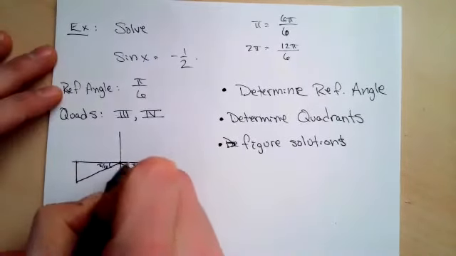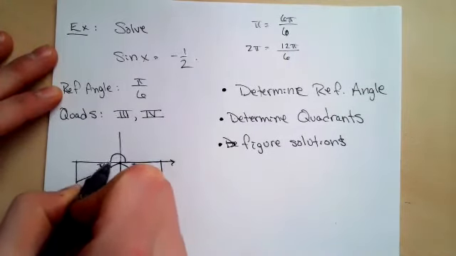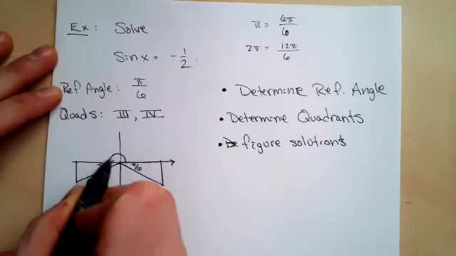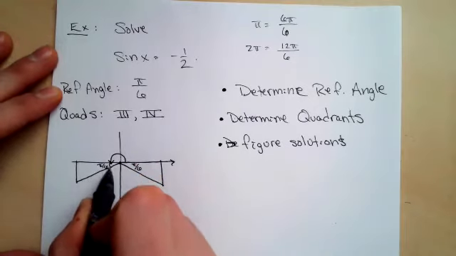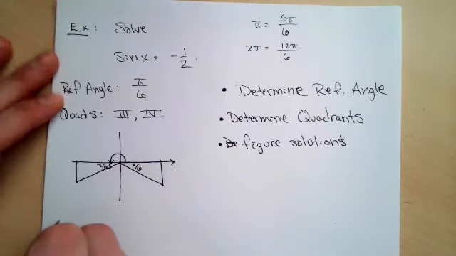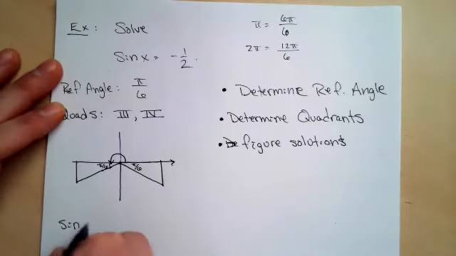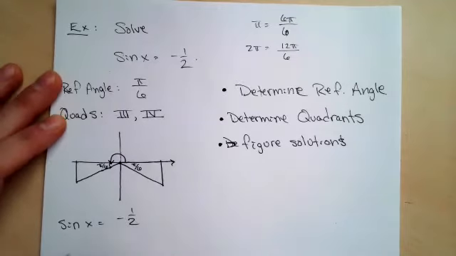From standard position, we are wrapping around how much? We are going halfway around the circle, 6 pi over 6. Then we keep wrapping around pi over 6. So 6 pi over 6 plus pi over 6 gives us 7 pi over 6 as the first solution.